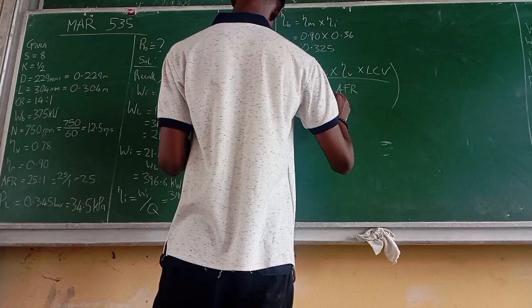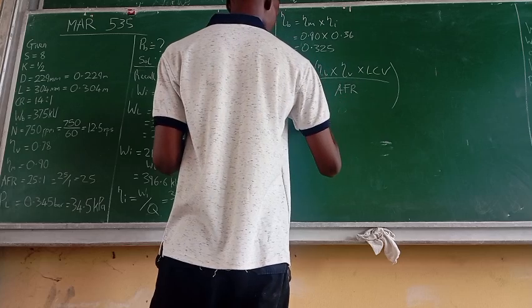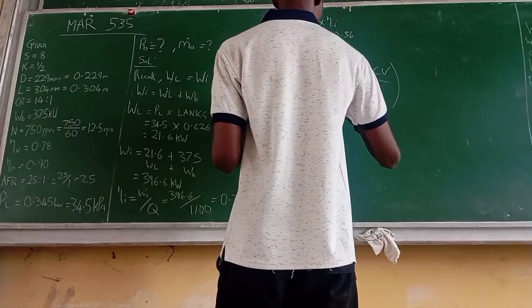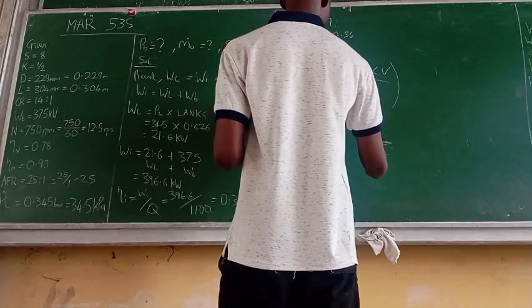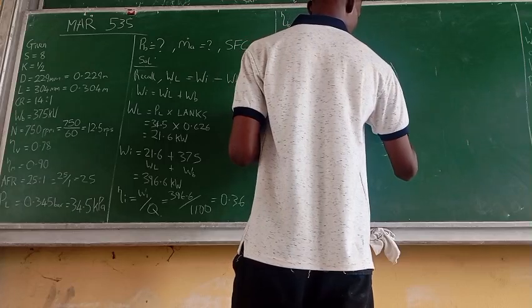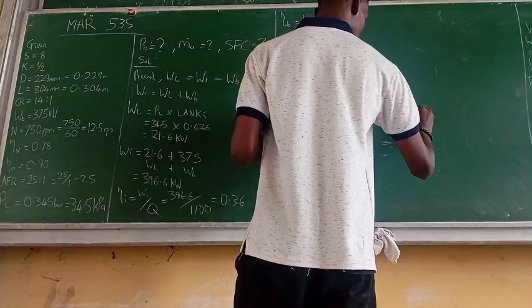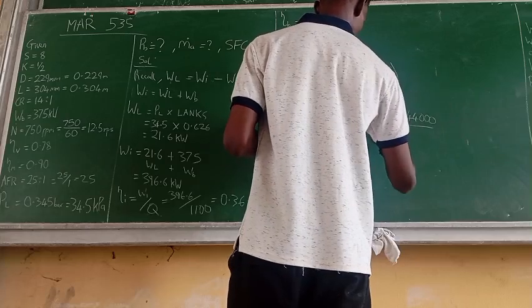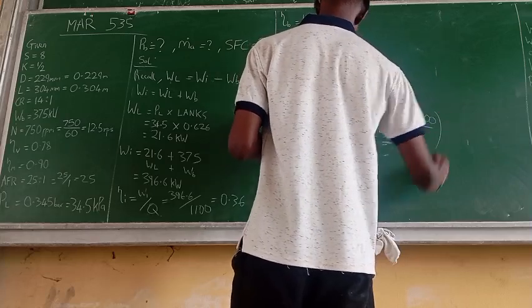The density of air is 1.23. So 1.23 times 0.5 times 0.78 times 44,000 over 25.